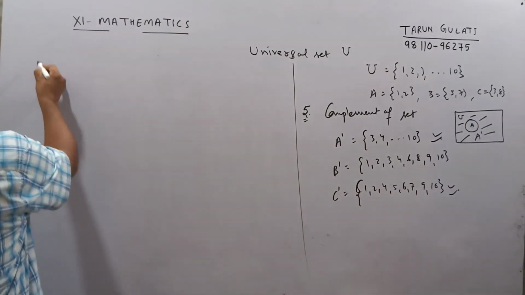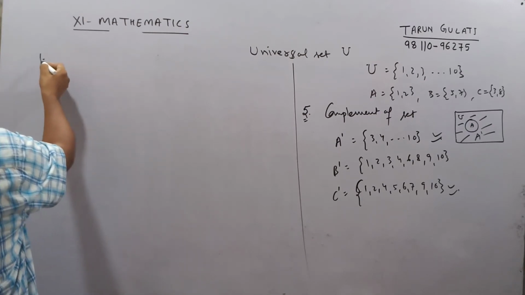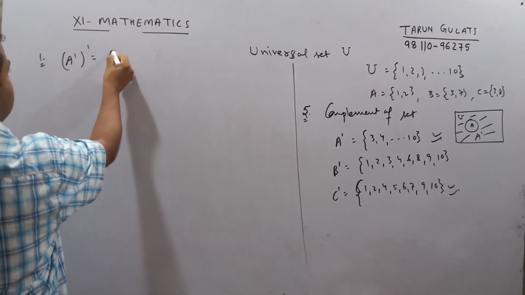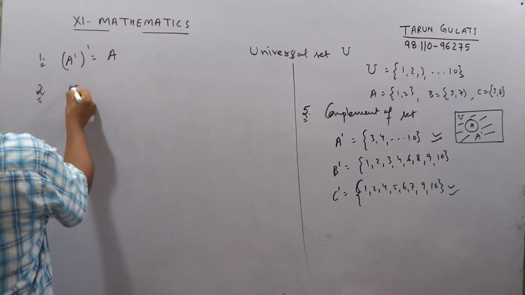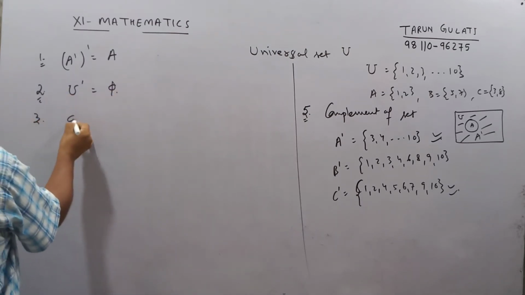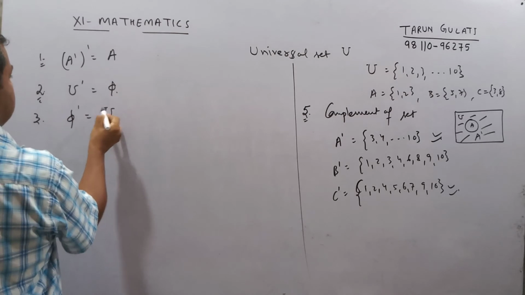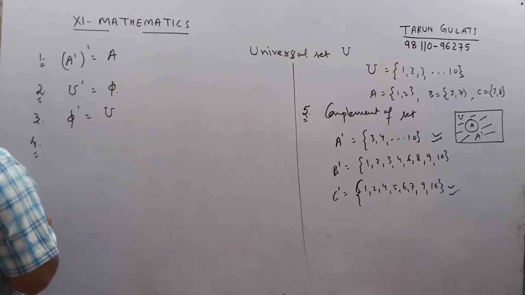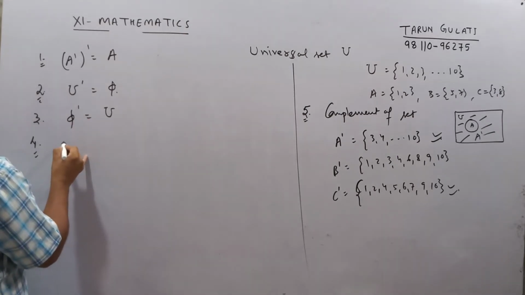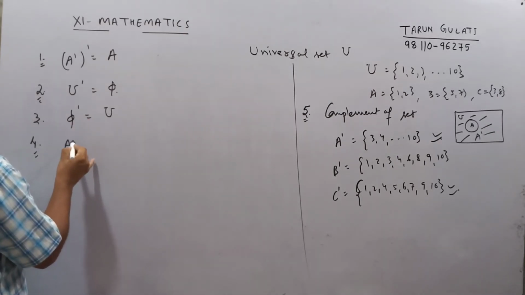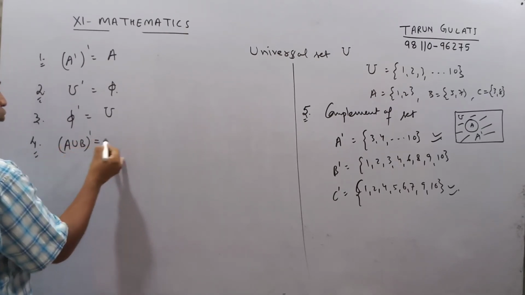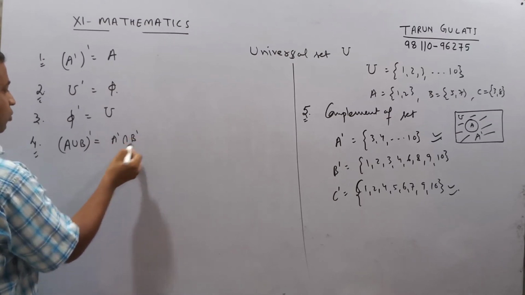In the case of complement of a set, we have certain properties. Number 1, the complement of A complement is always A. Number 2, universal complement is null. Number 3, null complement is universal. Number 4, A union B complement equals A complement intersection B complement.